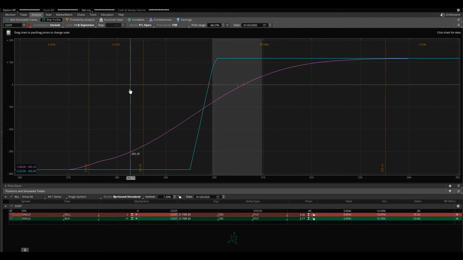So Costco remaining above 300 by February 21st by selling the 300 put, buying your protection of the $295 put. You're collecting $118 and you're risking $382. And as long as Costco remains above $300, even if it's $300.01, you collect all that money and you keep it. So these put credit spreads are awesome, and you can see all of these in the Analyze tab.